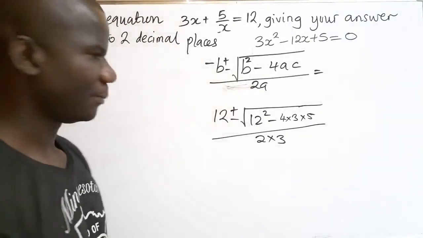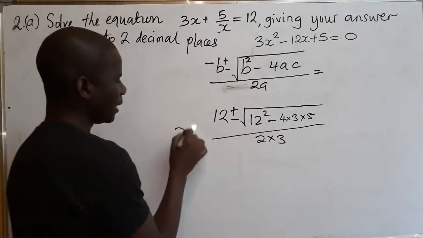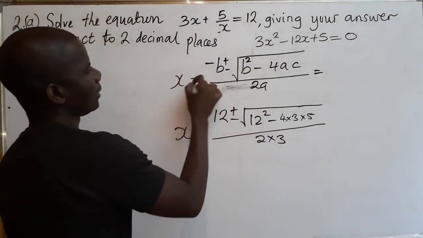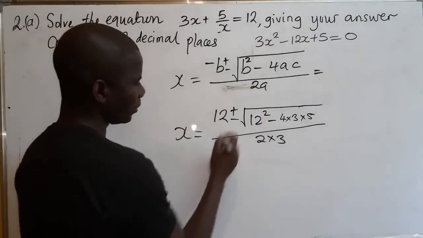Are we together? X is equal to this. Okay. So what do we get here?